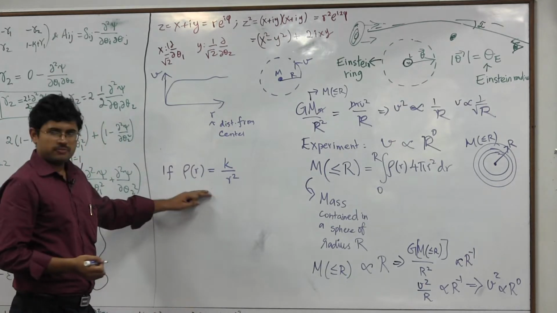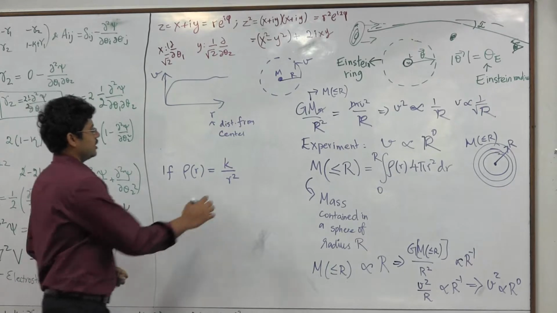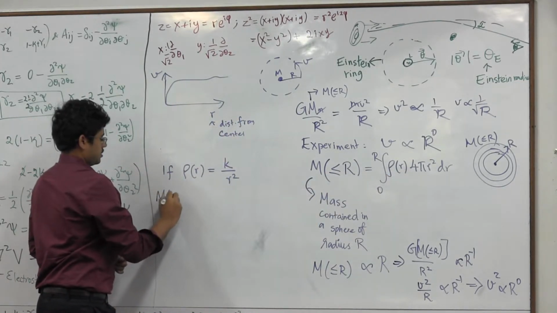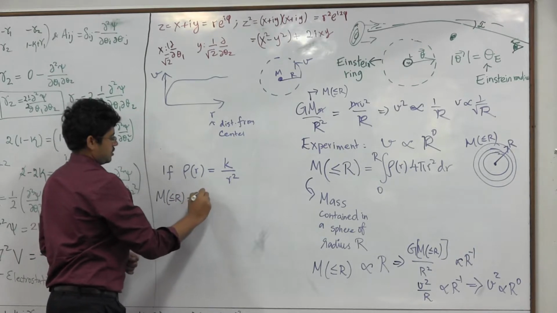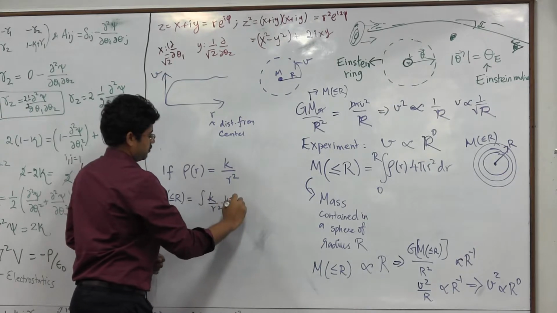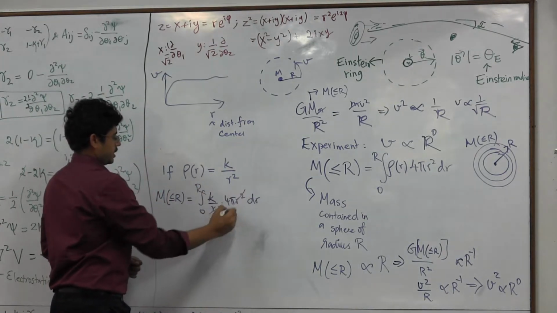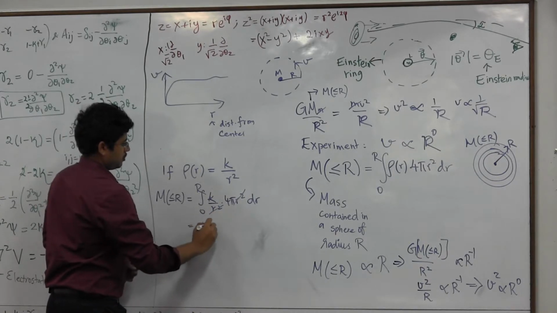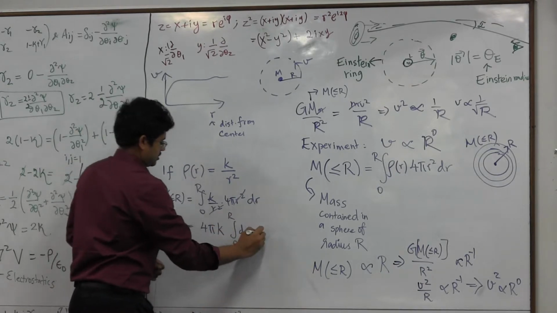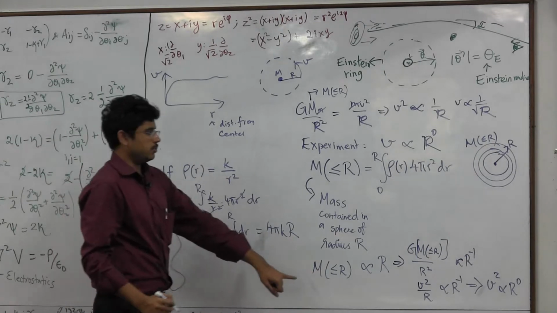So if rho of r is some constant divided by r square, then the r square here cancels. You get k over r square times 4 pi r square dr. So the r square cancels. You get 4 pi k integral dr. This is exactly what we wanted, right?